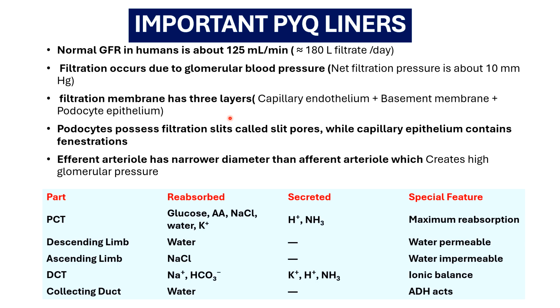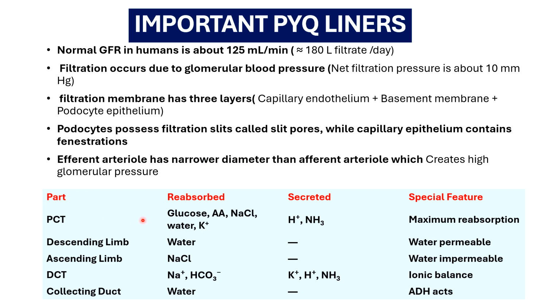Then where are the fenestrations present? Fenestrations are present in the capillary endothelium. Now, the afferent arteriole has a wider diameter than the efferent arteriole.